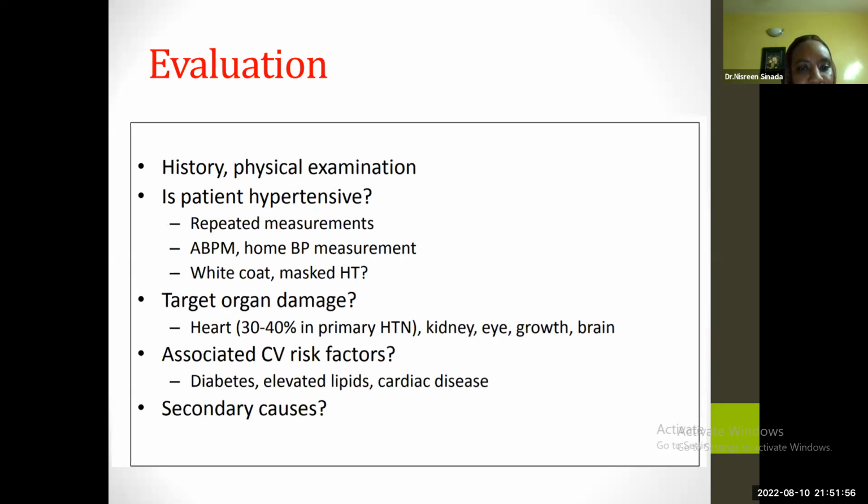Also, associated cardiovascular risk factors, diabetes, elevated lipids, and cardiac disease, and you need to search for the cause. Why do we want to search for the cause? Because there is a specific treatment for the cause. Then when you know the cause, you know the mechanism of hypertension, then you will choose the appropriate antihypertensive drug.